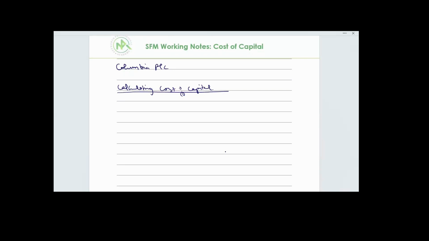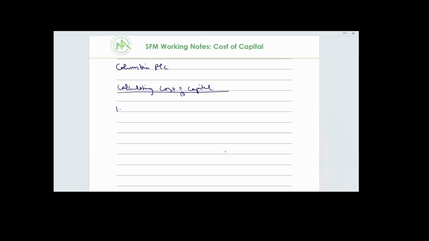To get the cost of equity, what you're supposed to use is the capital asset pricing model based on the information given. Therefore, because Columbia PLC is into training and financial services, we are supposed to calculate WACC, weighted average cost of capital of the combined activity. So the first step that you are going to carry out is to identify the beta of each activity.